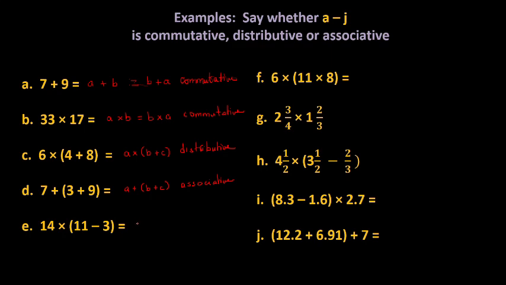It's going to be distributive if we write it out such that it resembles our examples for the laws, we'll be good. So we have A times, where A represents 14. We have the multiplication sign. B represents 11, and C represents 3.